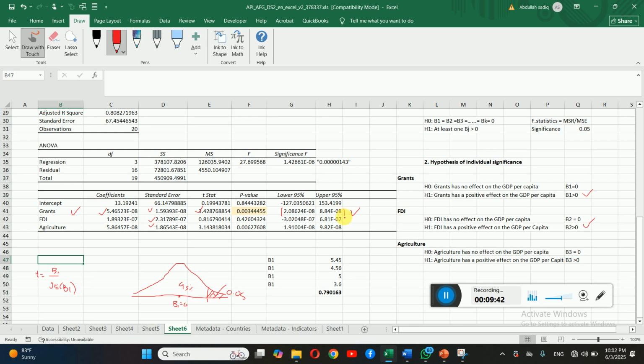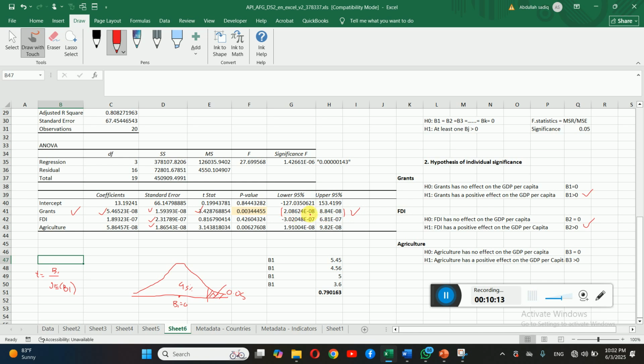We are 95% confident because this confidence interval is built around the significance level of 0.05, so it is based on 95%. We are 95% sure that the true coefficient lies in between this area. This is the coefficient 5.46, the estimated one.